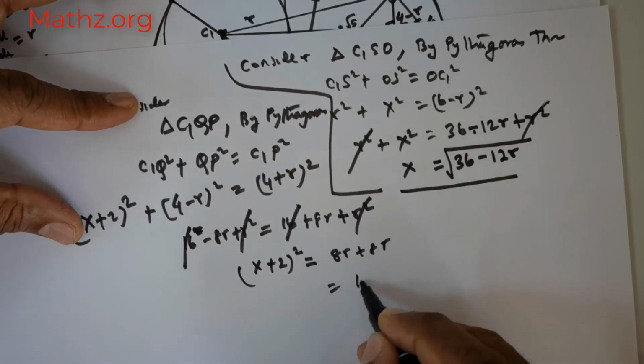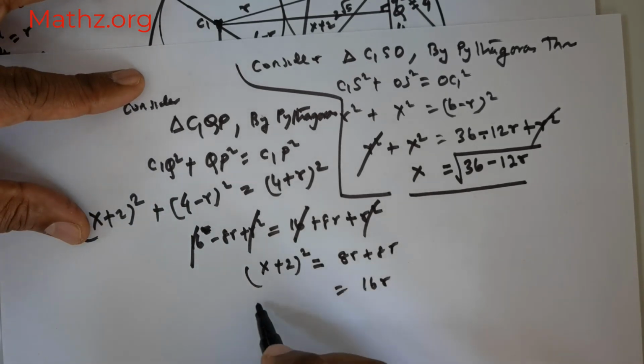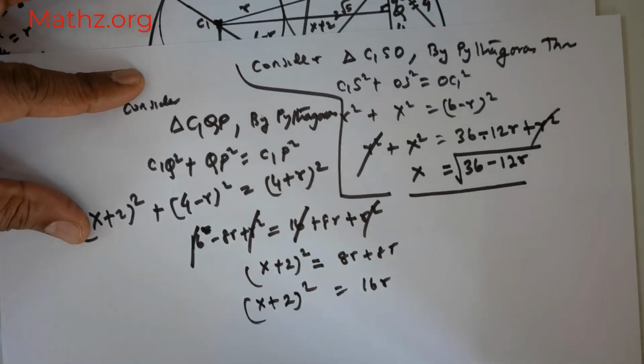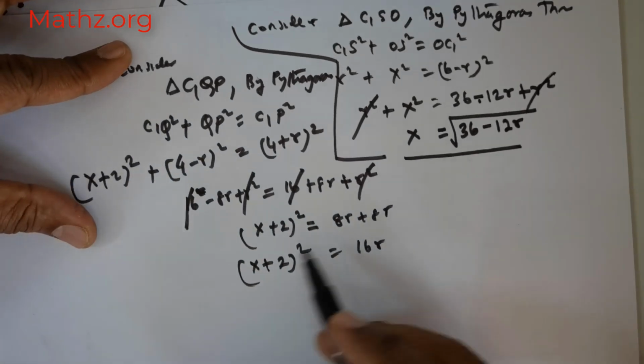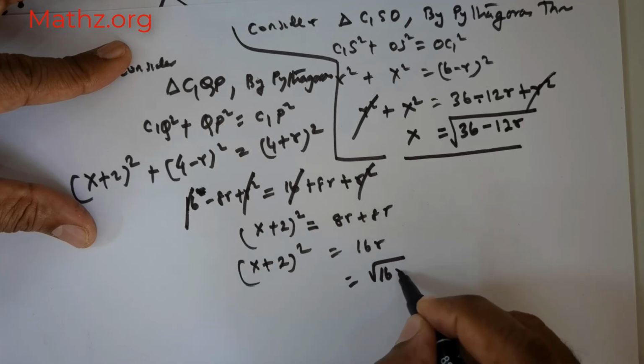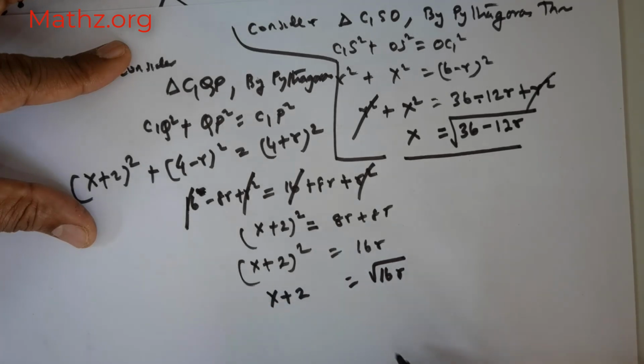That is going to be 16r is (x + 2) raised to the power of 2. So this is what you've got, right? Now what you got to do, you take the square out to the other side. So this is going to be root of 16r is equal to x + 2.